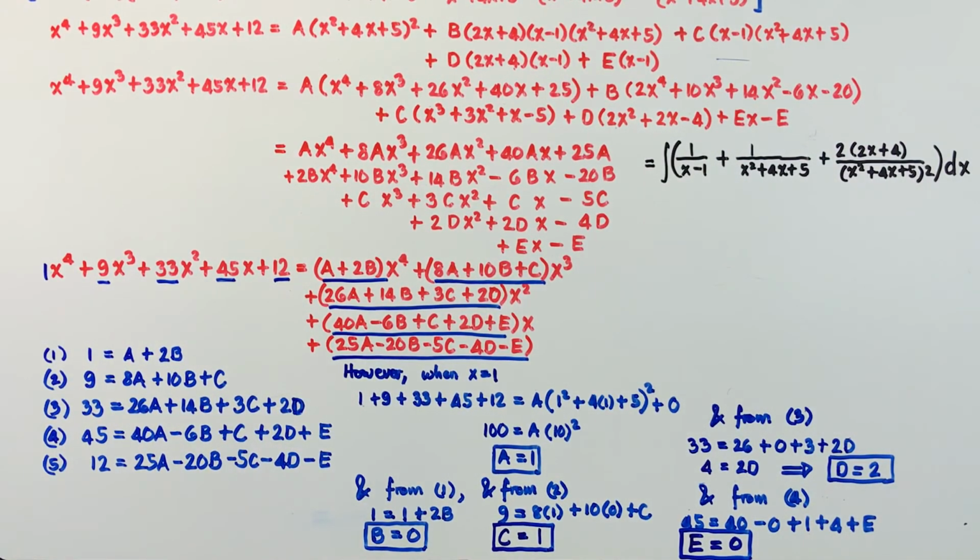Because our e is 0, we have only 3 partial fractions here.